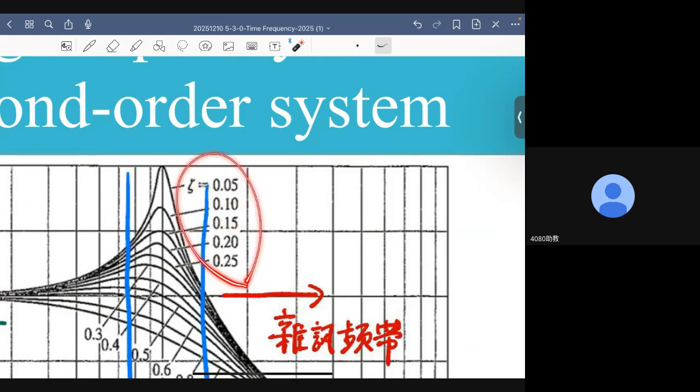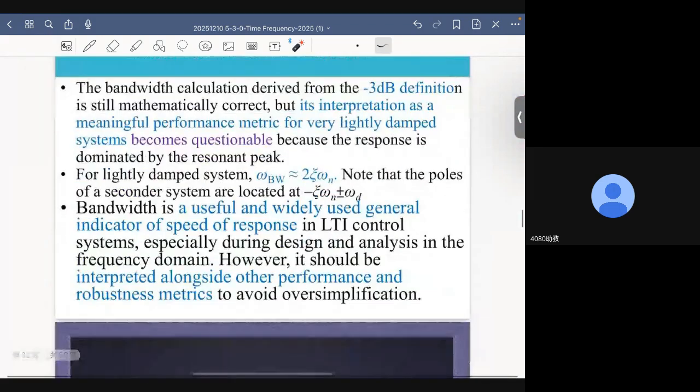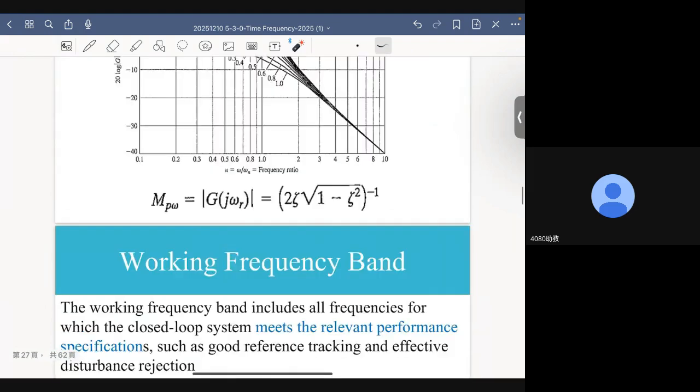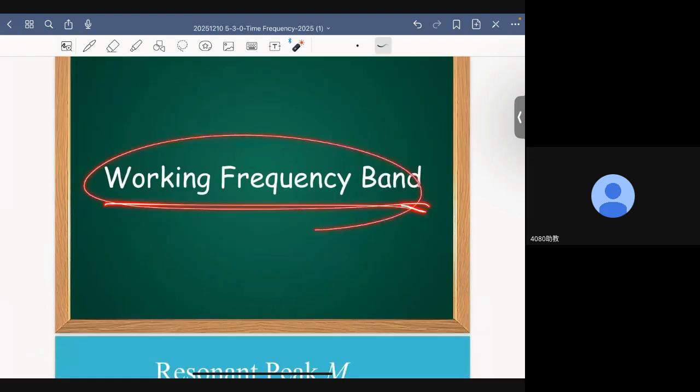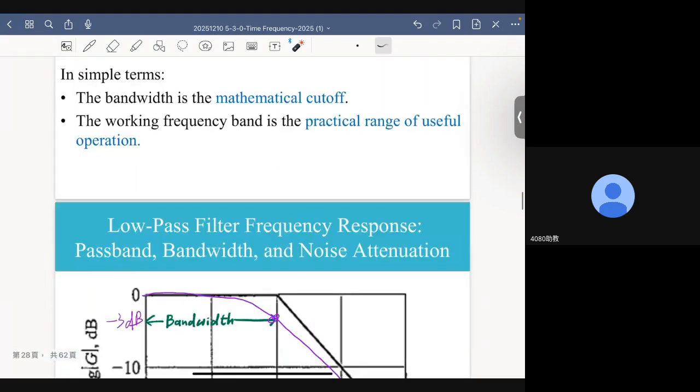These are all lightly damped systems because when we say lightly damped, we mean its damping ratio is very, very small, at least relatively small, okay? All right, so therefore, keep this in mind, because in practice, identifying the working frequency band is very important in designing a control system.